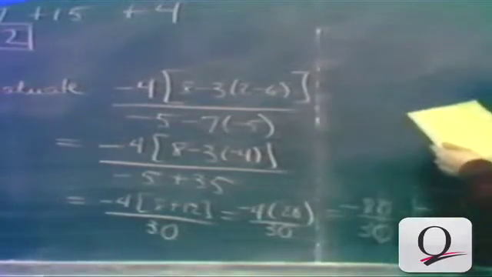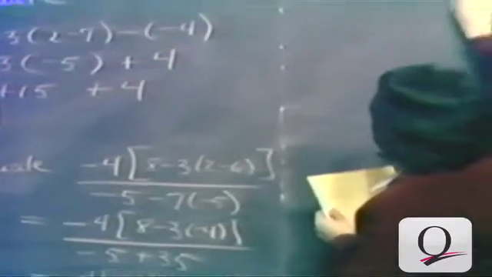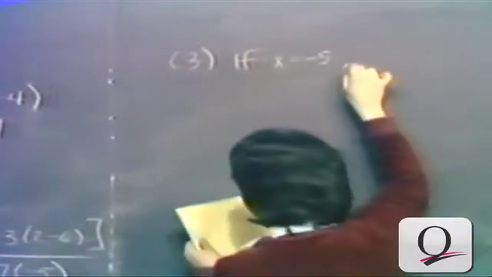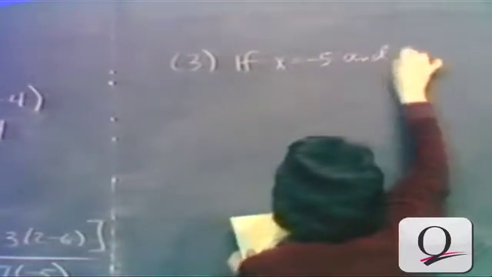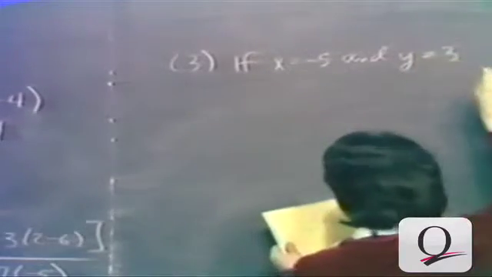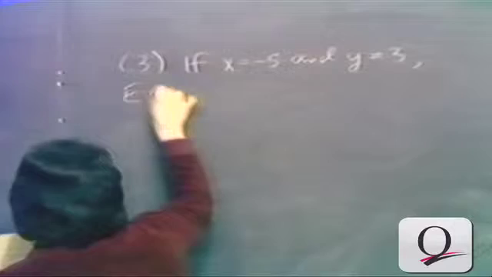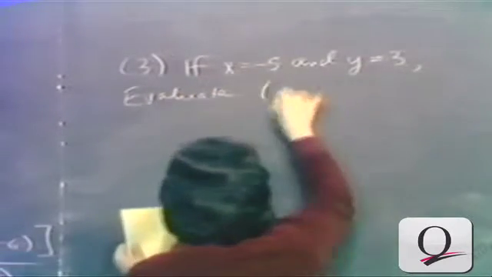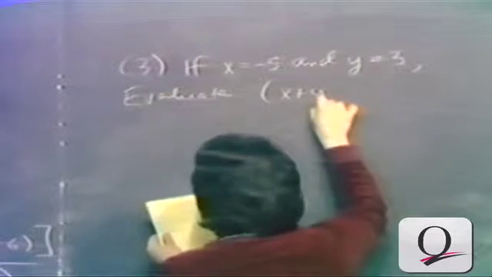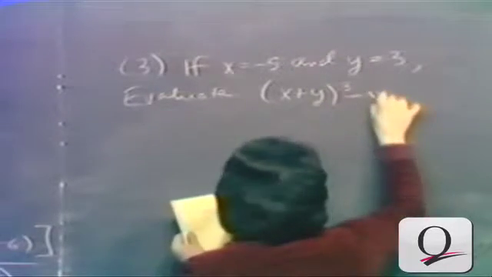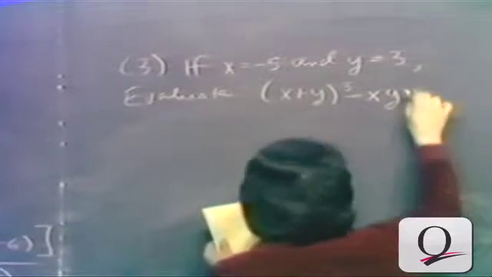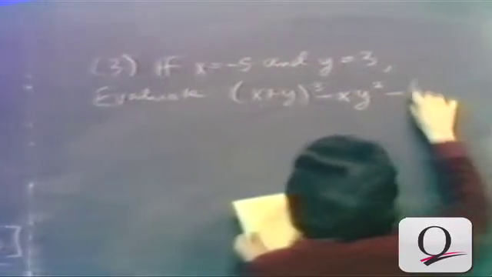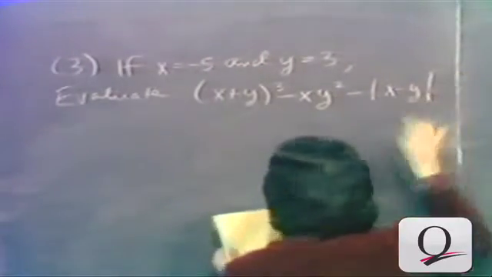Now, third example, if x equals -5 and y equals 3, evaluate (x plus y) cubed minus xy squared minus the absolute value of x minus y.